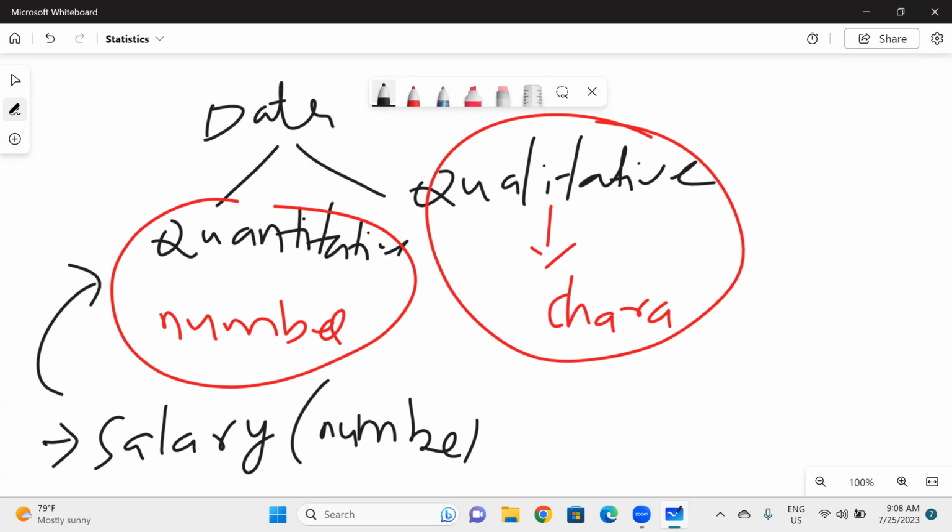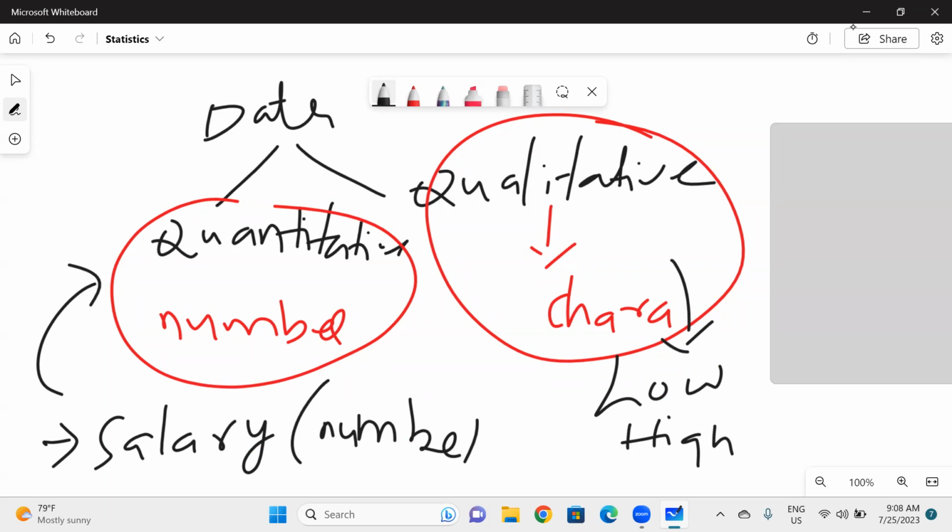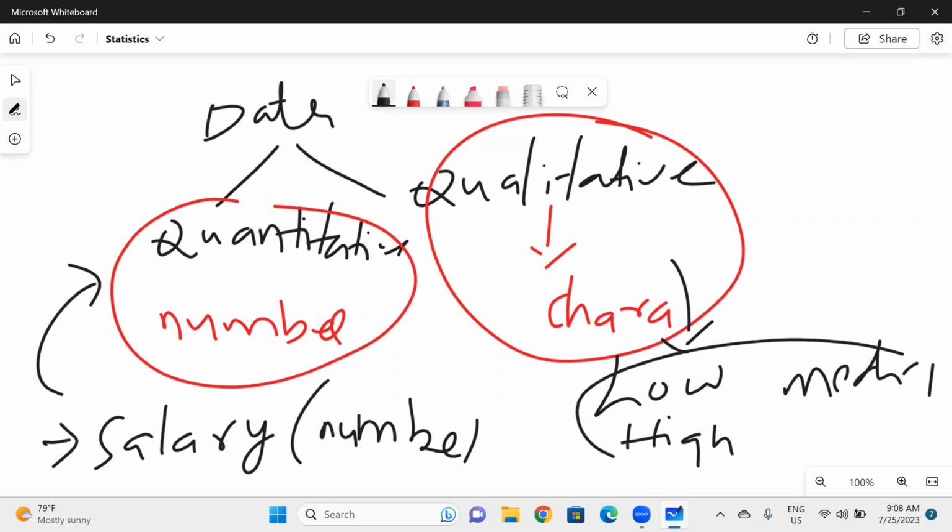For qualitative data, I ask what the range of the salary is: whether it is low, medium or high. Here we are still talking about salary, but in categories, low, medium and high. These are the three categories, so it's qualitative data. Clear or not?